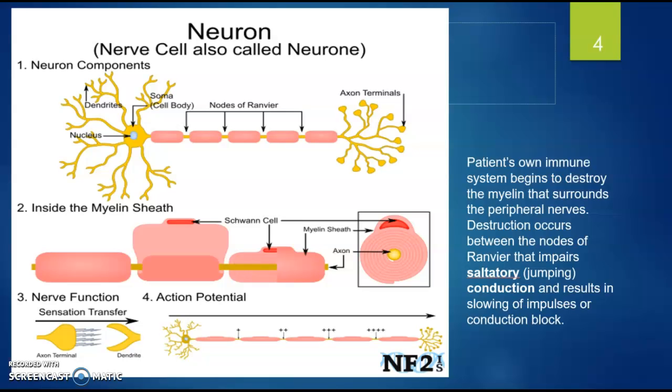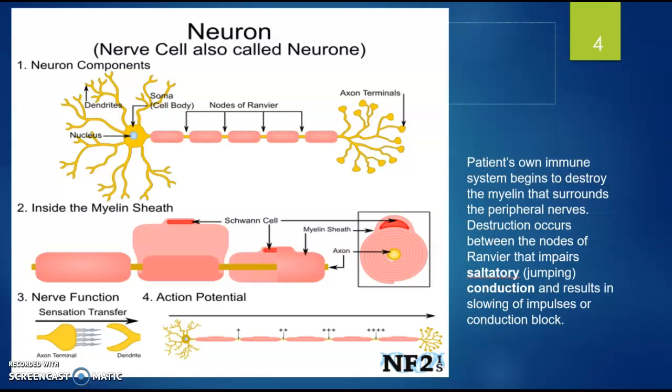This is a good picture. It kind of talks again about how the immune system can destroy the myelin sheath, and we've seen that in discussion about a different disease earlier of the CNS. But this type of destruction can cause jumping of impulses that don't ever result in a full conduction.